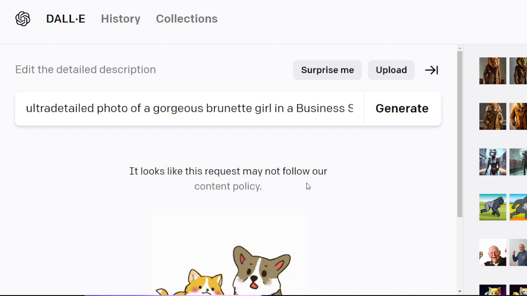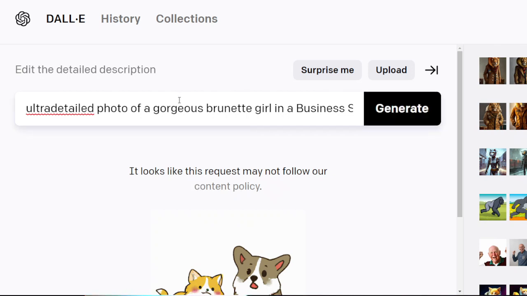It looks like this request may not follow our content policy. What makes it not follow the content policy? I wonder what about this? Oh, I bet the term sexy. Okay, long hair. Let's see if we take the word sexy off.